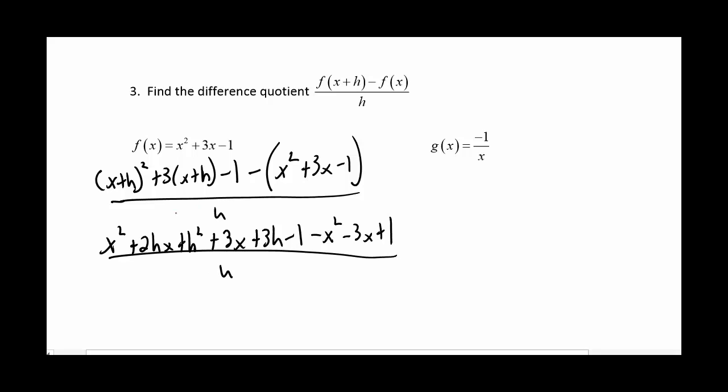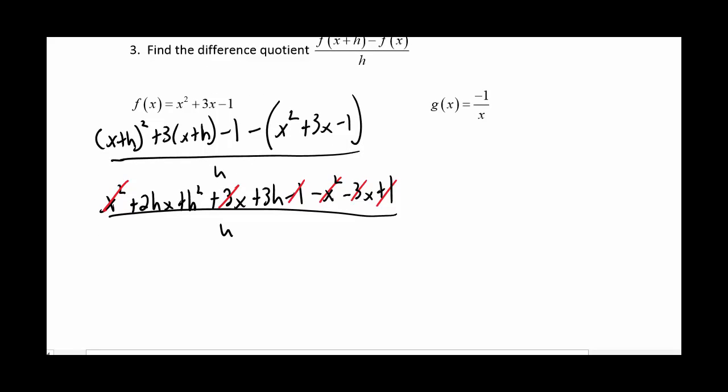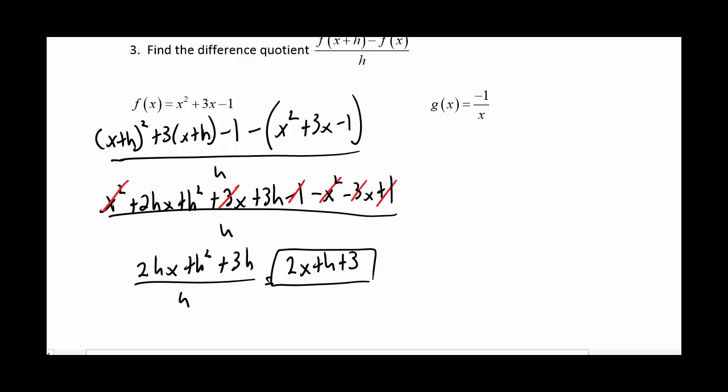And if I look very carefully, I should see a couple of these things are going to cancel out. So let me go find those. Okay. And then I want to write down what didn't divide out. So 2hx plus h squared plus 3h all over h. And I can see that I can divide each of those 3 terms by h. So I get 2x plus h plus 3. That's my final one there.